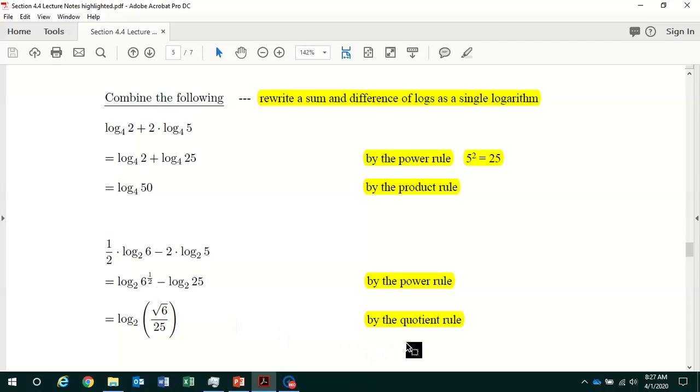So, applying the quotient rule, this is equal to log base 2 of square root of 6 over 25. So this difference of two logs up here is equal to this single logarithm down here.